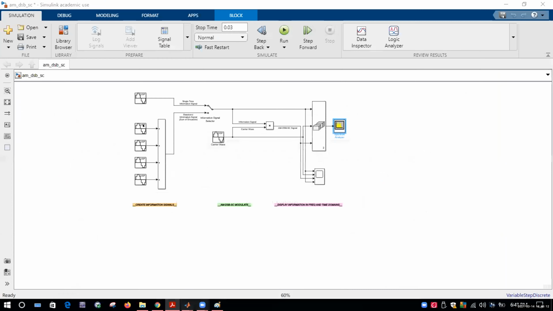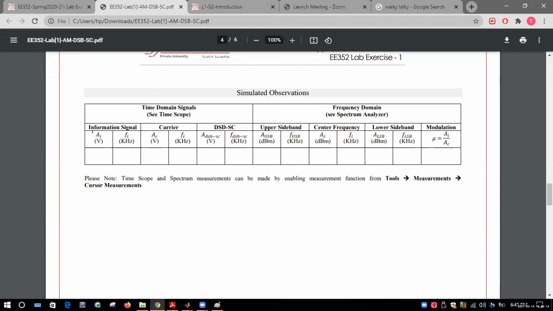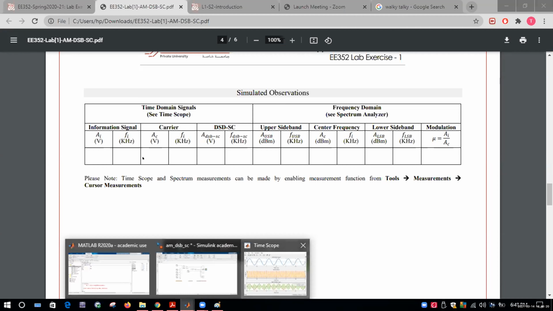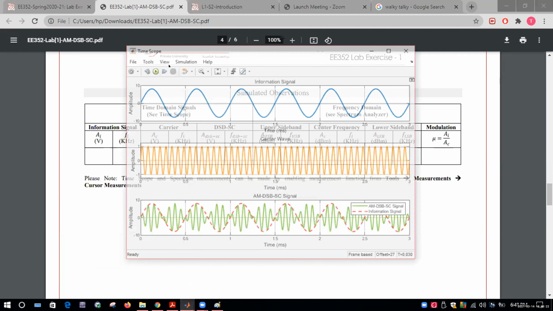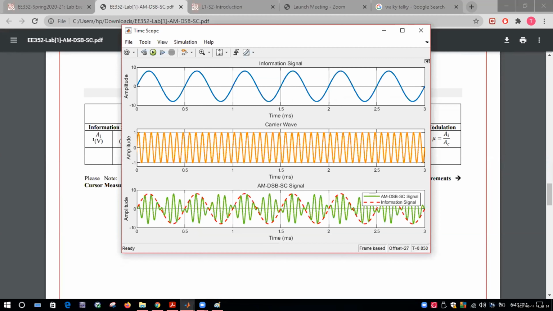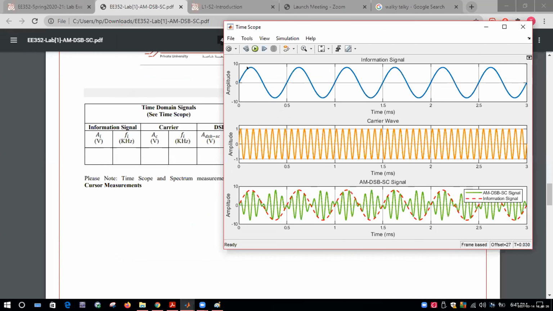This one here. Do you know the amplitude of the information signal from this plot? How much is the amplitude? I must check. We take it 8, right? Yeah, this one was 8. Okay.